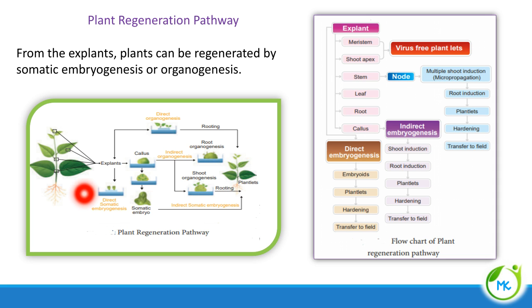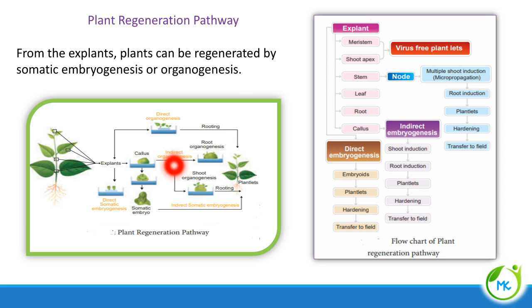And this illustration shows embryogenesis and organogenesis. First, organogenesis: direct organogenesis and indirect organogenesis. In direct organogenesis, from the explant itself the organs can be formed, and after rooting the plantlets are produced.